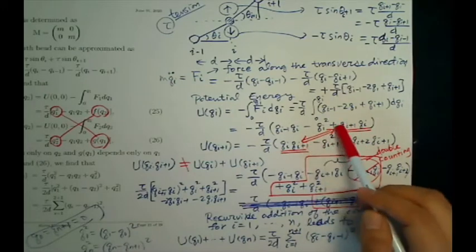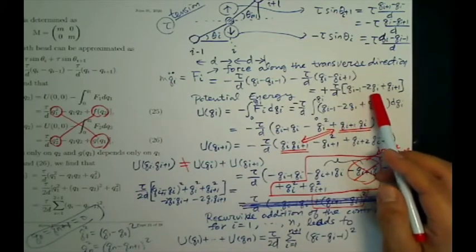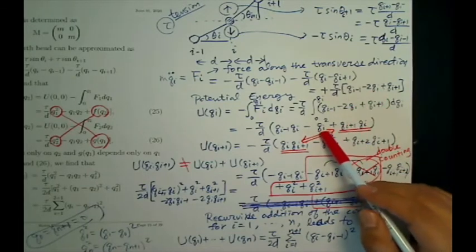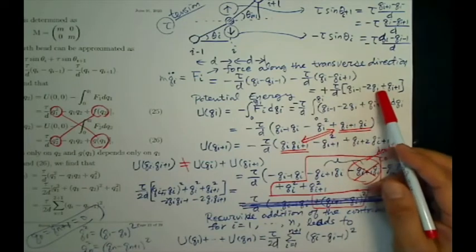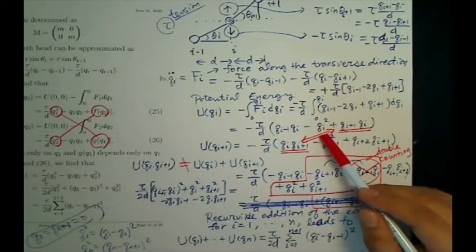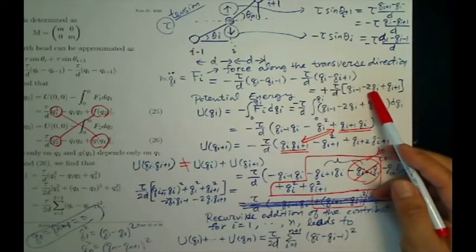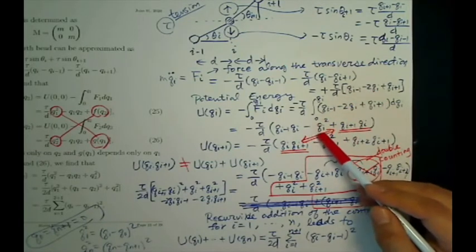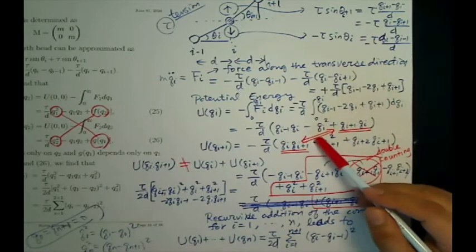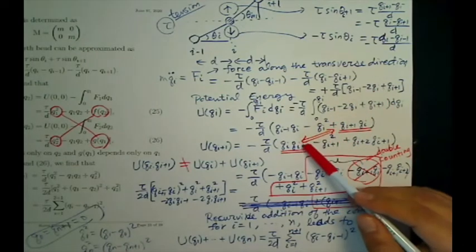First, we find the integral of this one. This q1 integral brings in q1 squared. The qi integral brings in 1/2 qi squared. So this 2qi became minus 2qi, became minus qi squared.